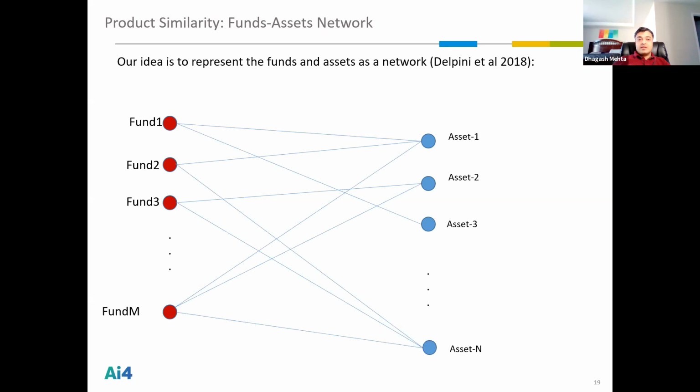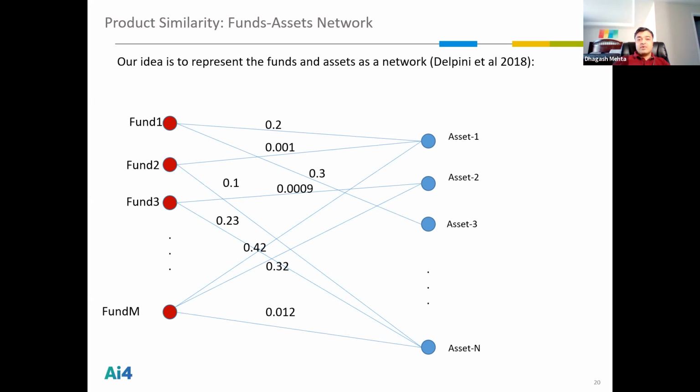And then I also put links between them. So fund 1 is connected to asset 3 if fund 1 contains asset 3. And then I also put the weight of individual assets in the particular mutual fund. So eventually I have this network structure.